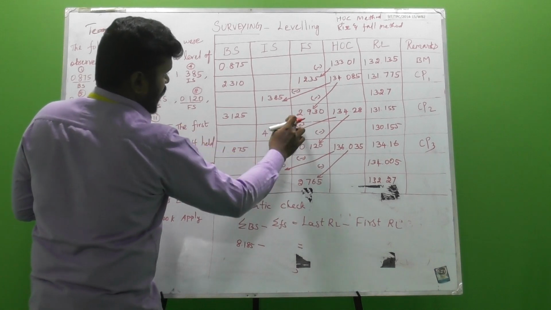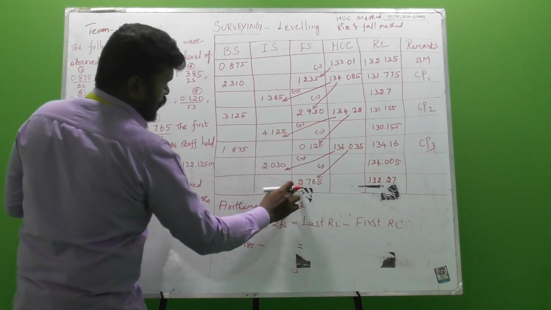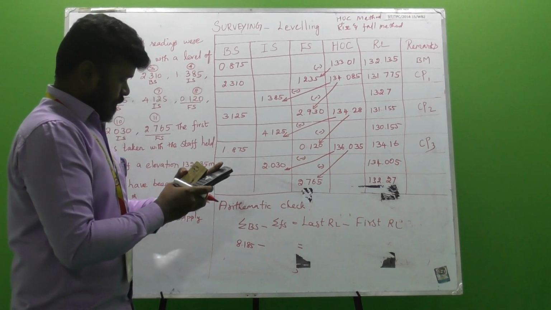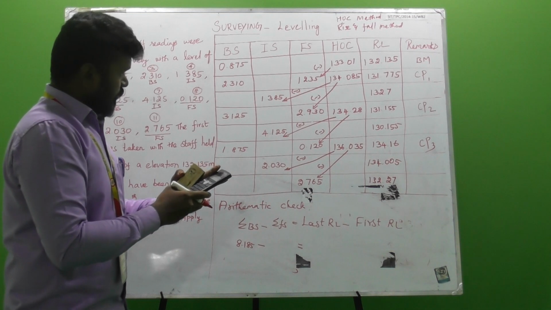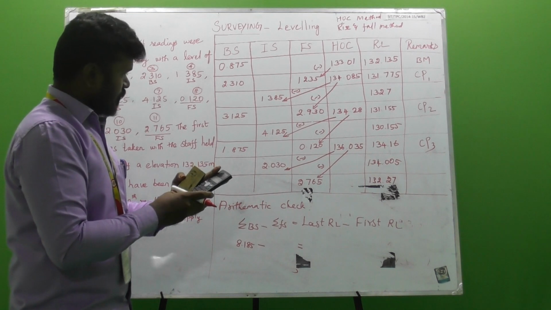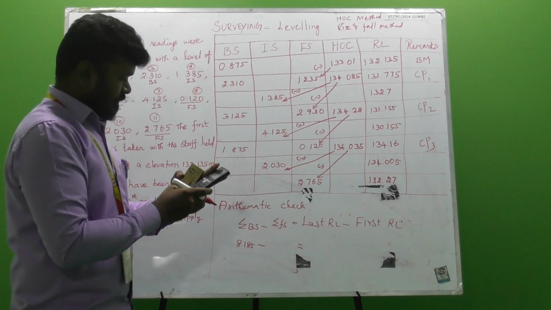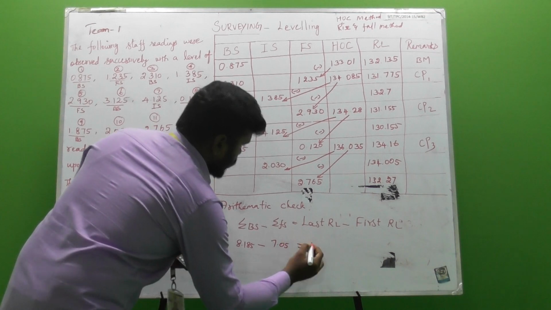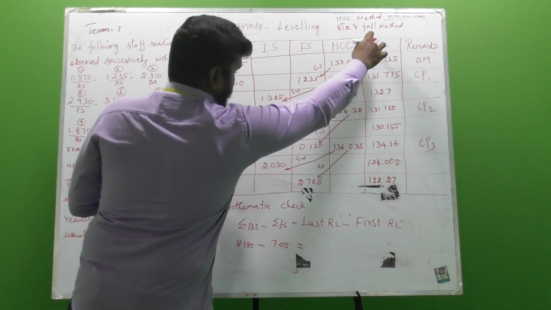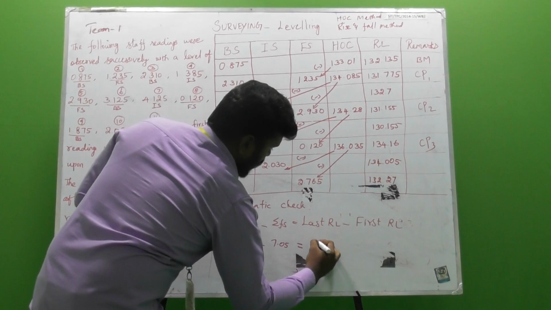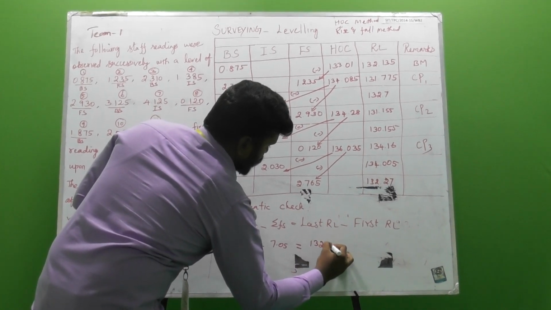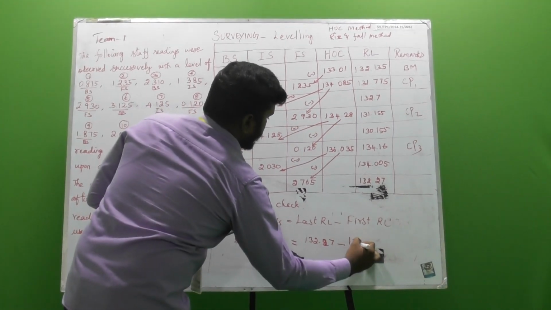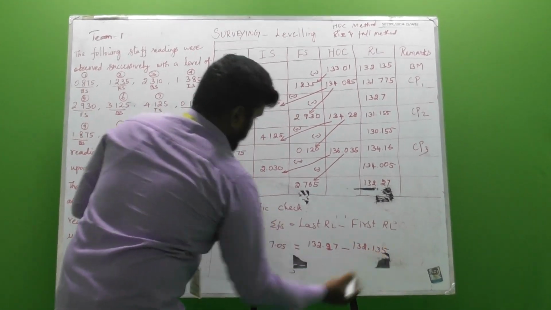Then minus the summation of FS: 1.235 plus 2.930 plus 0.120 plus 2.765. The final value is 7.05. This is equal to last RL, the last value in the column, 132.27, minus the first value, 132.135.